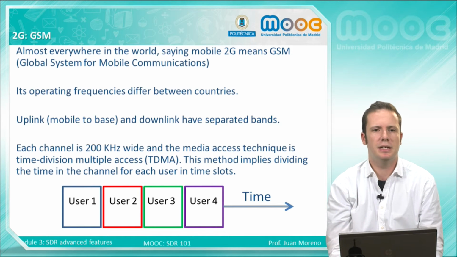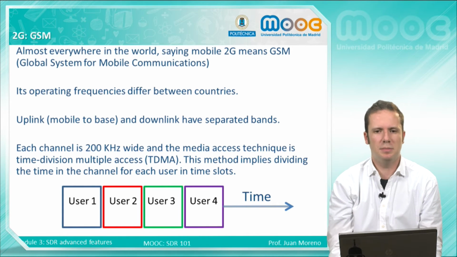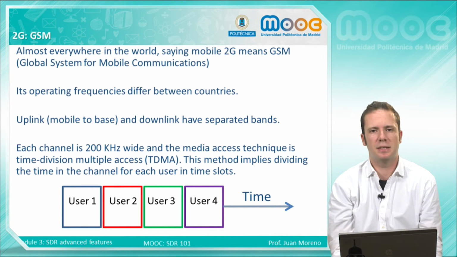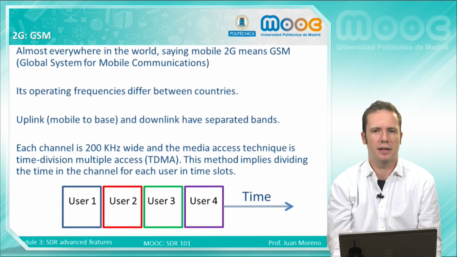Each channel in GSM is 200 kHz wide, and the media access technique is time division multiple access, TDMA in short. What does it mean, the media access technique? This is the way that the system regulates the access to the channel. To avoid collisions, if, for example, imagine a room with a lot of people trying to talk at the same time.